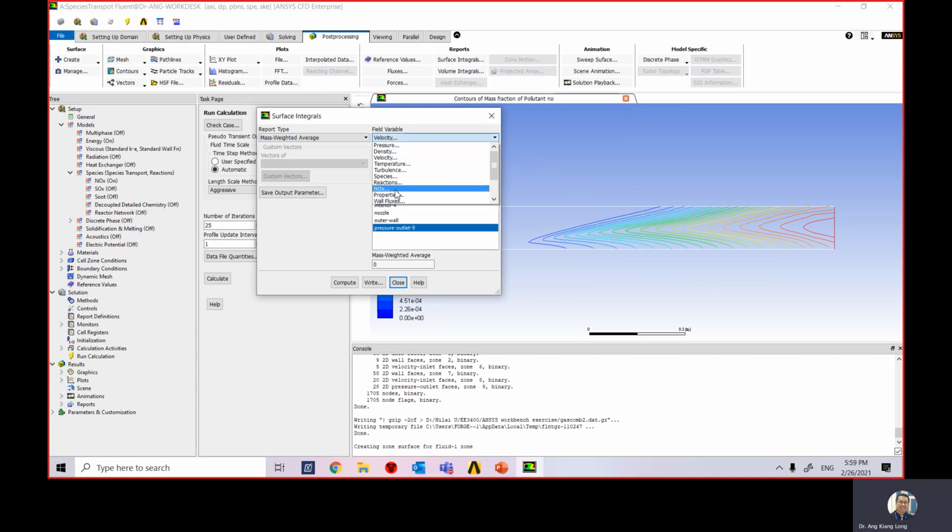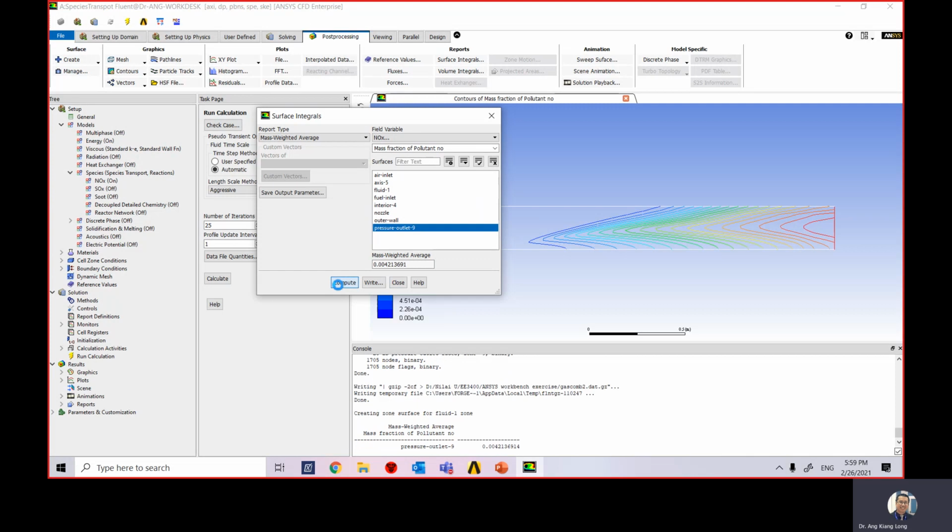Going to look at pollutant, NOx. And then this one, mass fraction of pollutant NOx. We're going to look at pressure outlet number 9. Okay, pressure outlet number 9 over here. We want to look at what is the value of our pollutant. So compute. You will see that our mass average over here will be very small, 0.004.